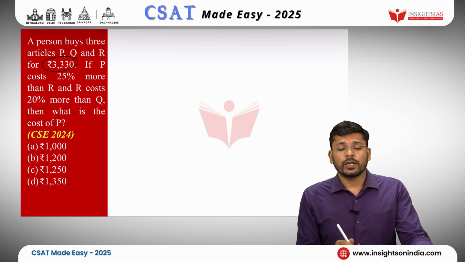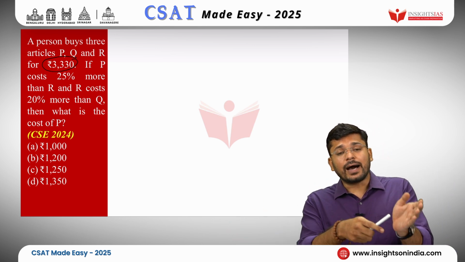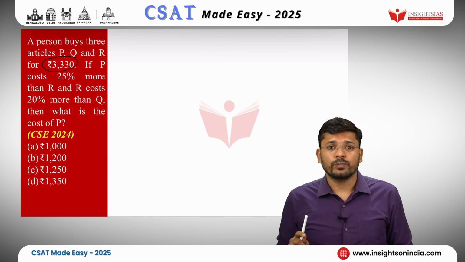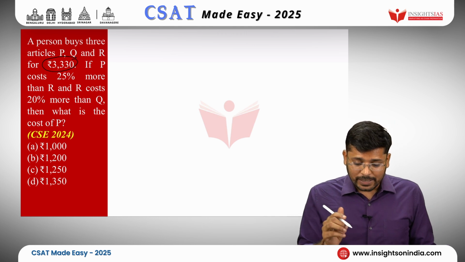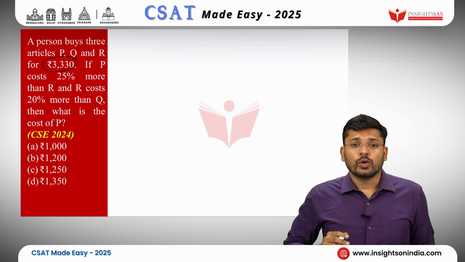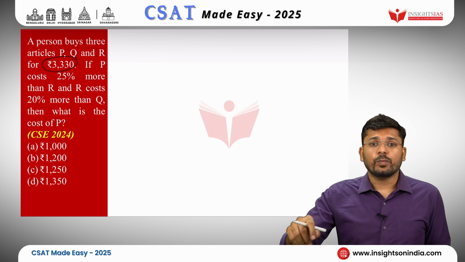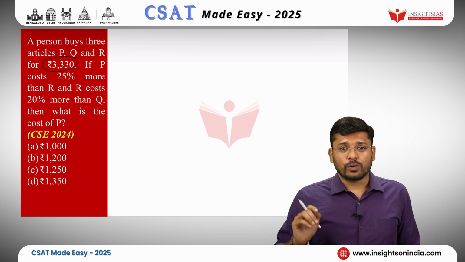It is Q, because P is being compared to R and R is in turn being compared to Q. The final item which is the reference item, in this context, is Q. So we will assume Q to be costing 100 coins.